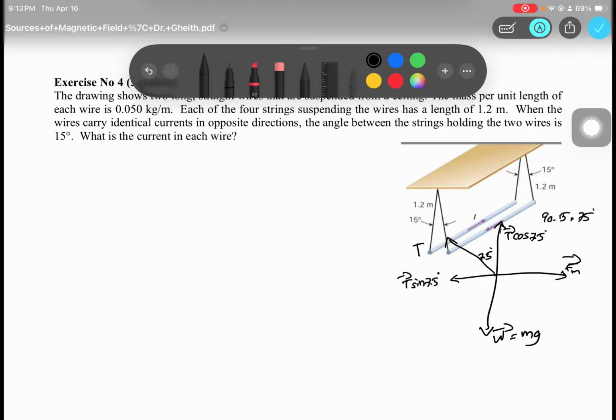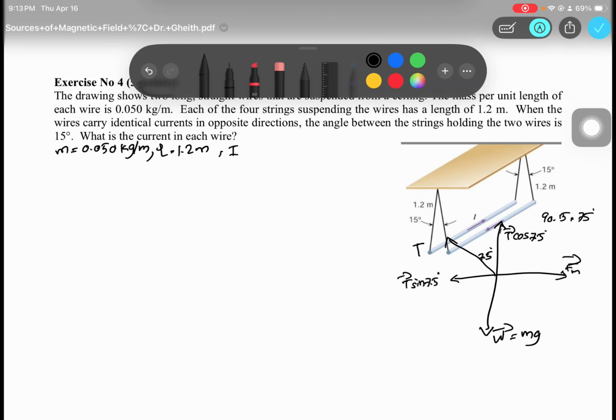Okay, so the question gives the mass as 0.050 kilogram per meter, the length as 1.2 meters, and it asks for the current in each wire.